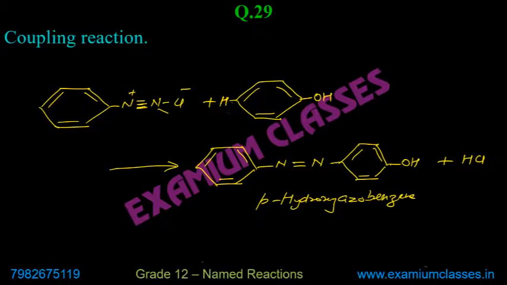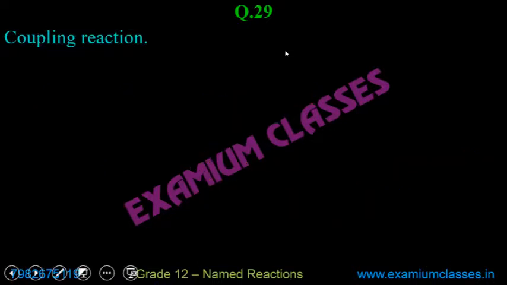So if instead of alcohol I use primary aromatic amine, just note down if you want. However, you can write down this one with the help of the next one also.